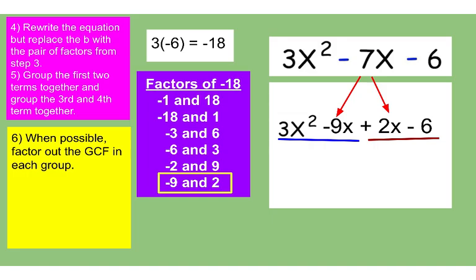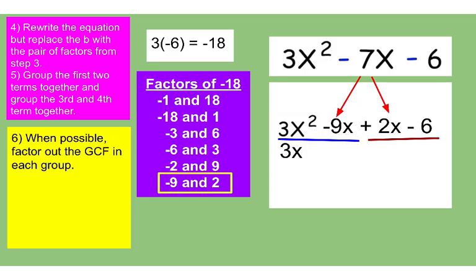Okay, and when possible, you want to factor out the greatest common factor. For example, if I'm looking at 3x squared minus 9x, I know that 3x is going to be my greatest common factor, because 3 goes into both 9 and 3, and 1x is shared between the x squared and the x next to the negative 9.